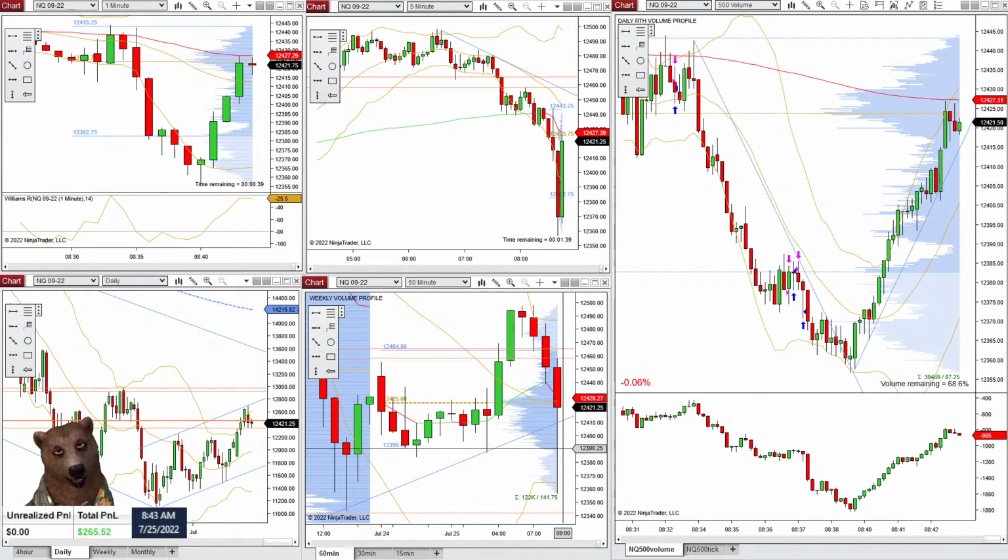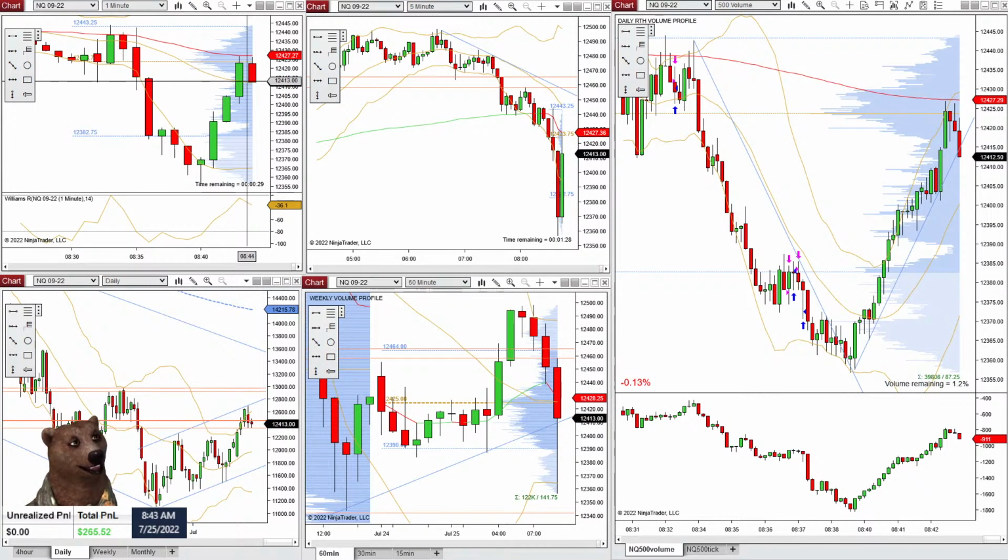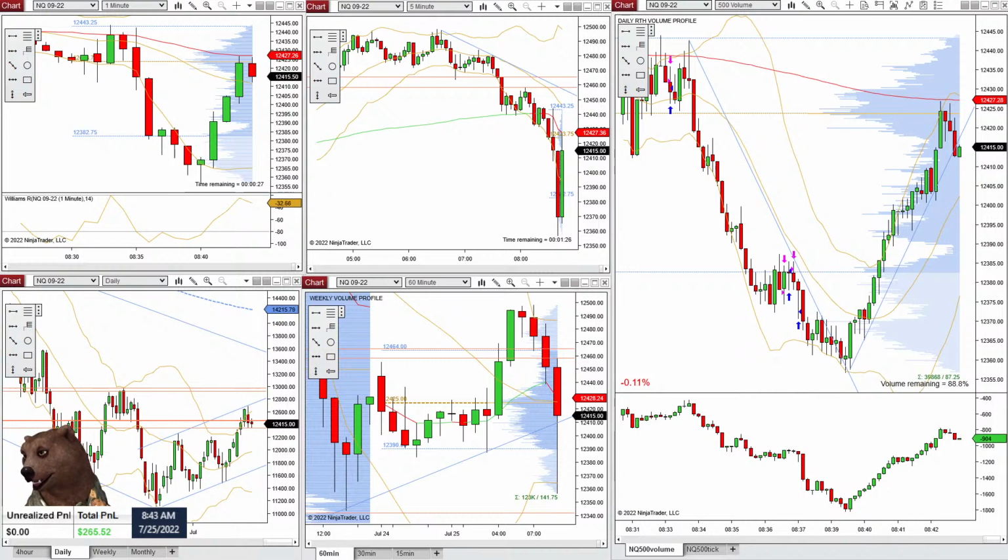Long wick there on the hourly. Let's let it move around. We've closed above the 20 SMA on the 1 minute, so I'm gonna sit on my hands here for a second and let it decide what it feels like doing right now.